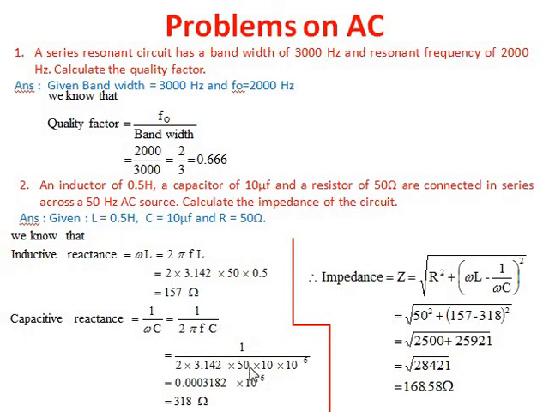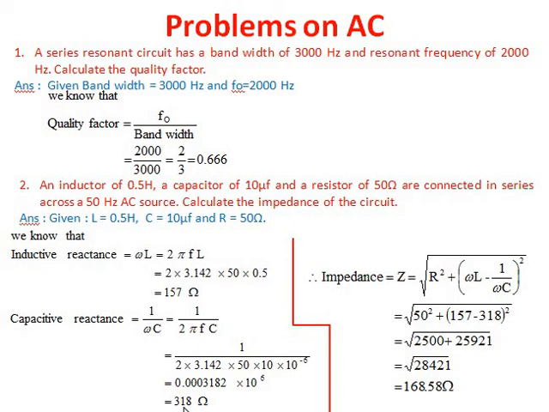Substitute all these things and find the value. It is found that 0.0003182 into 10 raised to 6, that is equal to 318 ohm.